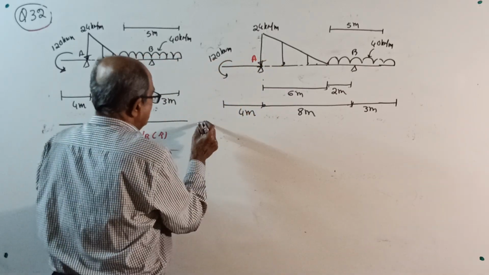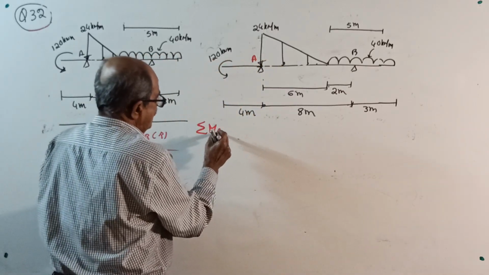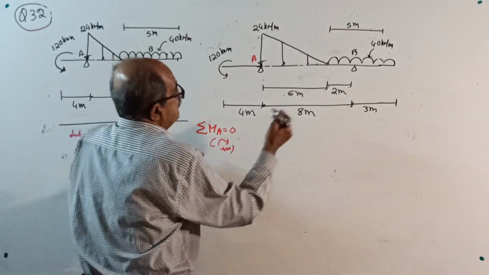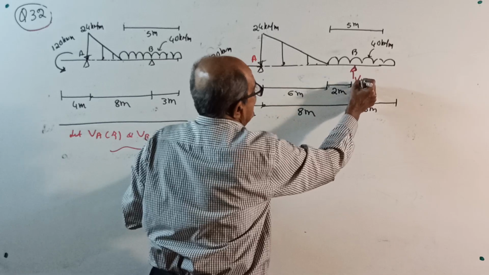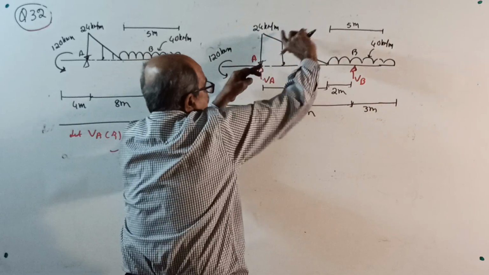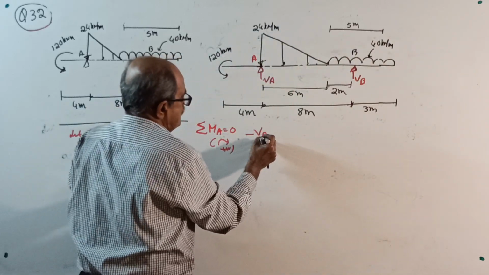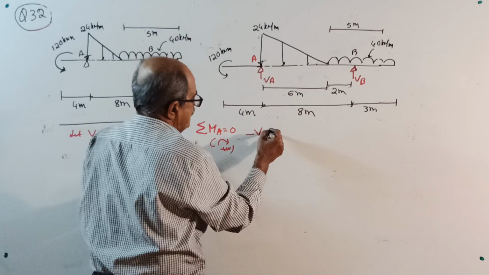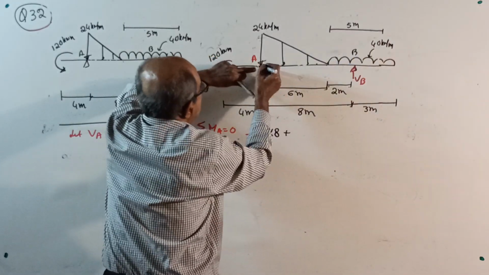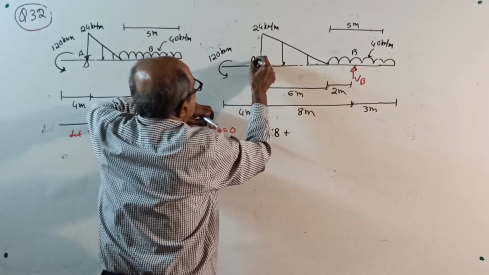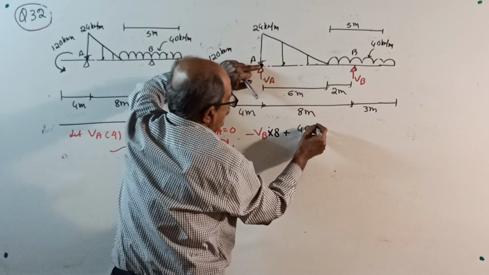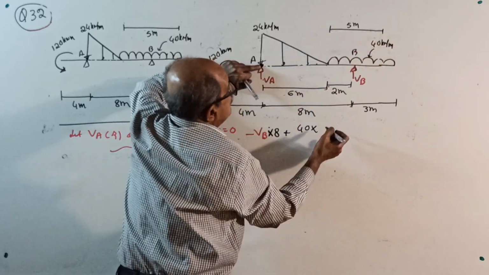Now, I will solve it. Sigma M about A equals 0, take clockwise positive. But write the reactions here, VB, VA. Minus VB into 8, plus you take moment about A. Therefore, full UDL 40 kilonewton per meter for full 5 meter.